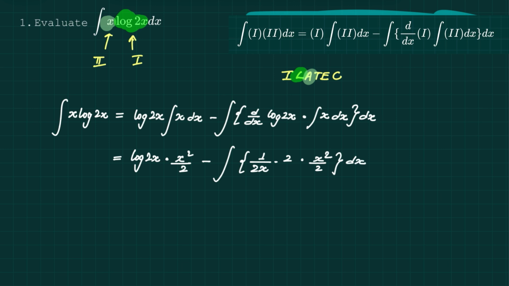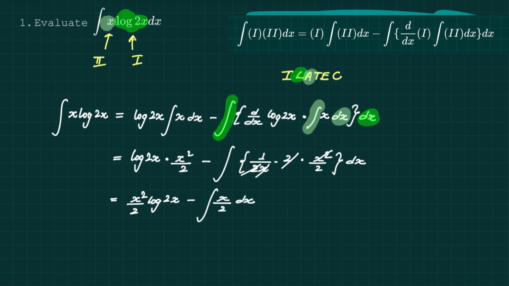So here there are 2 dx, that means this dx is for this particular integration and this outer dx is for this particular integration. This equals x square by 2 log of 2x minus, here 2 and 2 got cancelled, and x and this square is also getting cancelled, so we will have x by 2 dx.